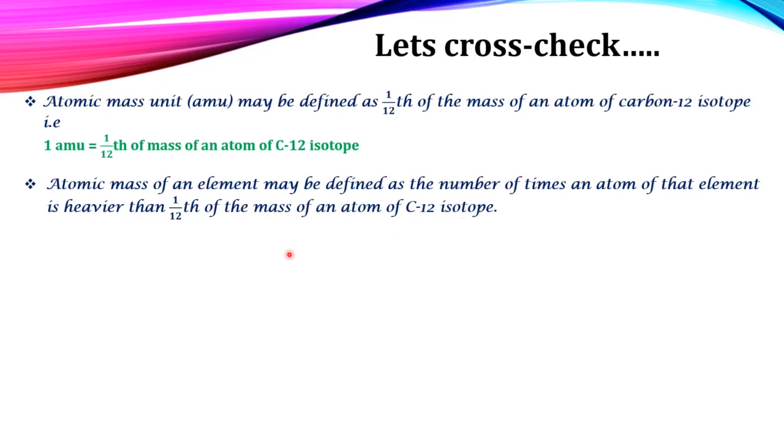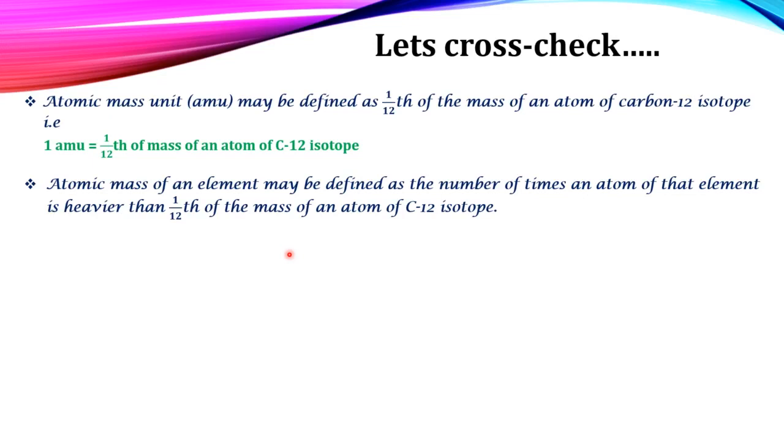So if you say that a particular element, say element A, has an atomic mass of 15, it means it is 15 times heavier than 1/12 of the mass of an atom of carbon 12 isotope. So this is the concept behind the atomic mass scale.